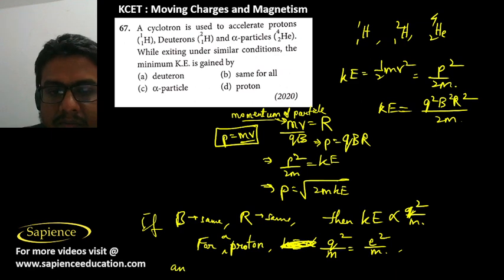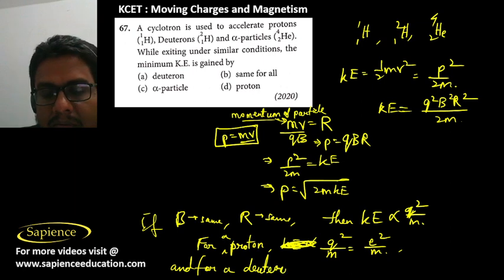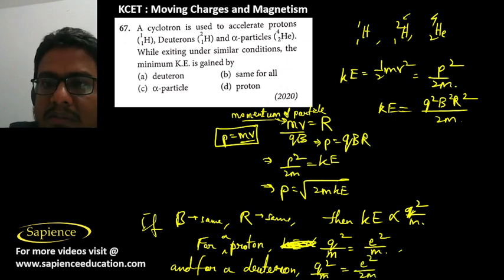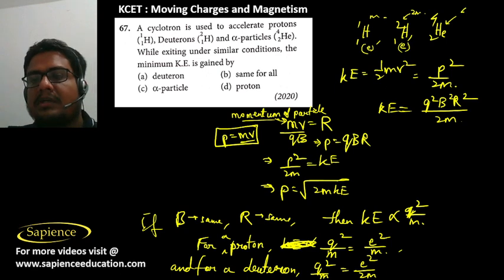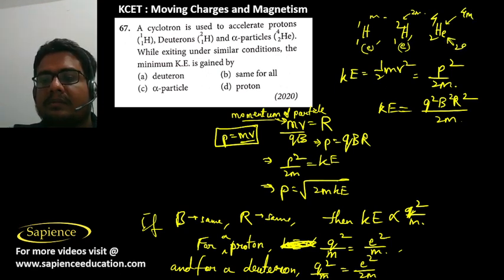And for a deuteron, the value of q square by m is given as e square by 2m, since it is H-1-2, so its mass is 2m and charge is e. For proton also, charge is e, mass is m, and for an alpha particle, the mass is 4m and charge is 2e.